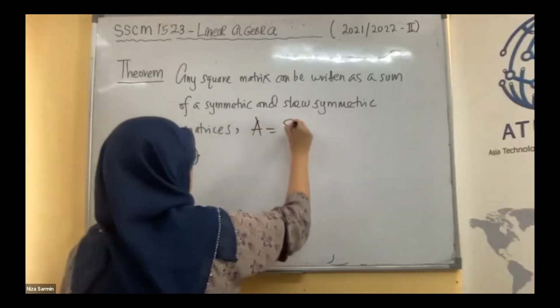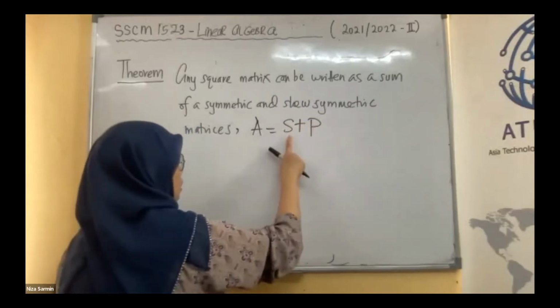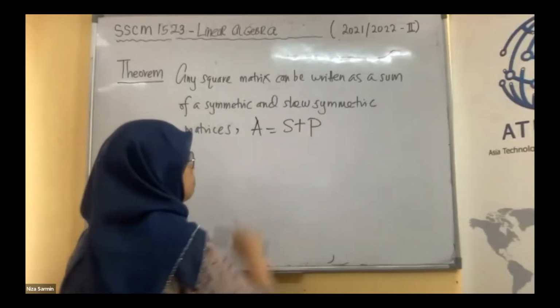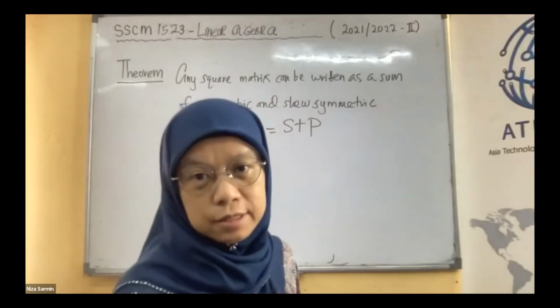A is S plus P. So S is for the symmetric, P is for the skew symmetric.